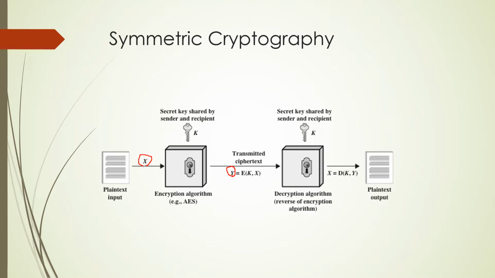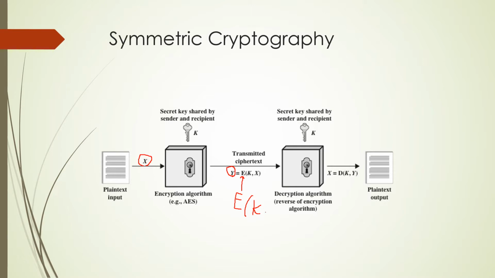And in order to do that, we're going to apply the encryption algorithm, which is represented by the function E here. Function E gets two input parameters. The first one is the key k, which is a number or a piece of information that is shared between the receiver and sender, because it's used for both encryption and decryption process.